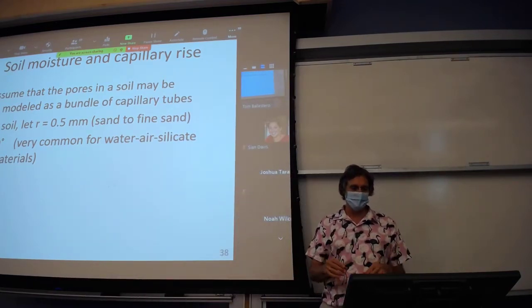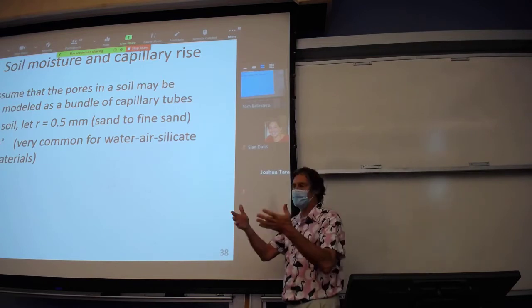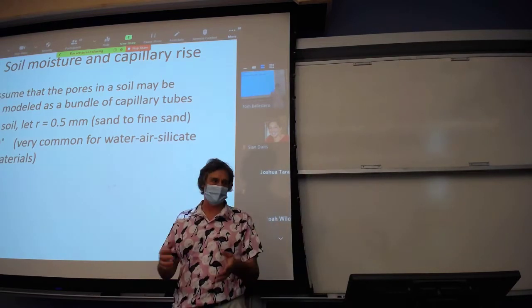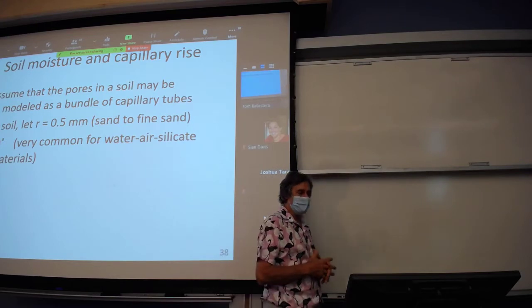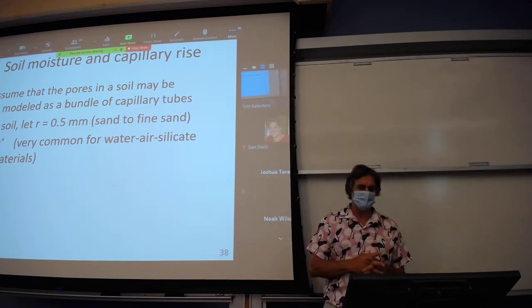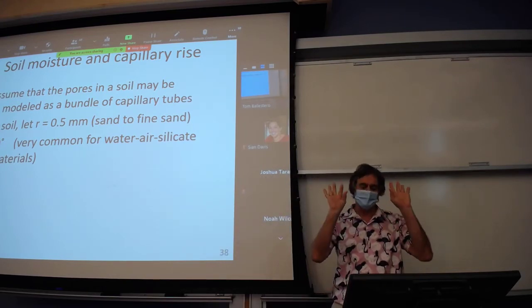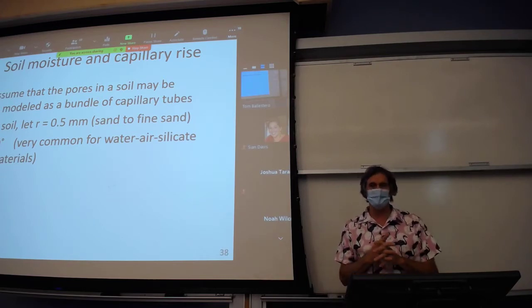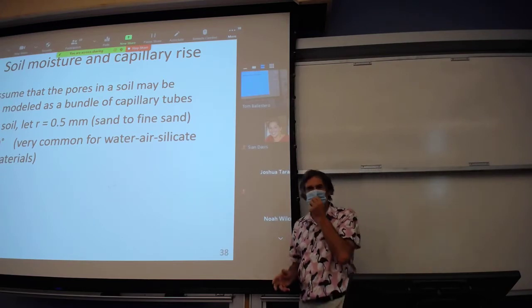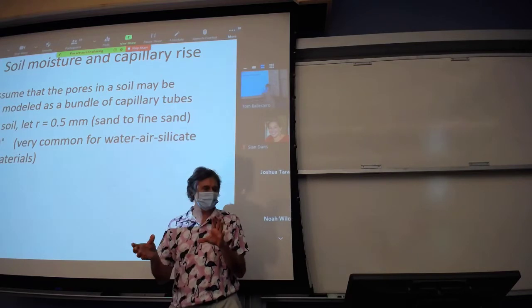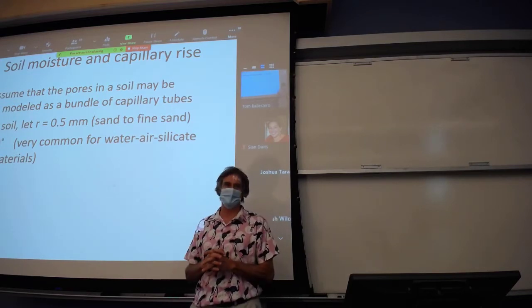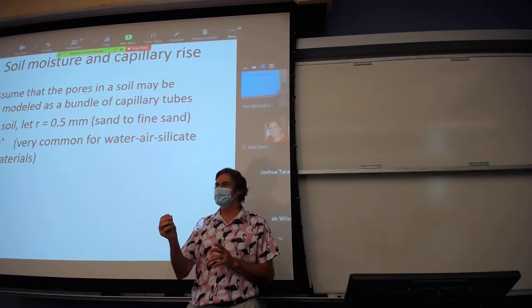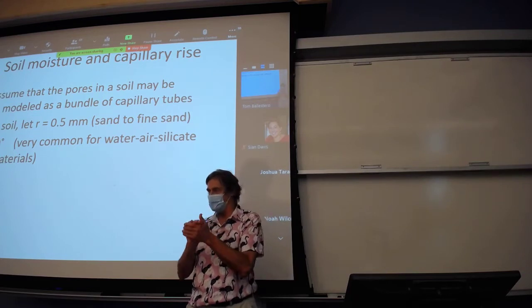So in a soil, there are ways of measuring this, I'm just giving you an example. We're going to let the radius of the capillary tubes be 0.5 millimeters. That would be a pore size of, say, a sand to a fine sand. A clay or a silt would have much smaller.